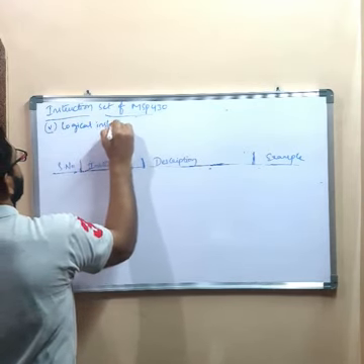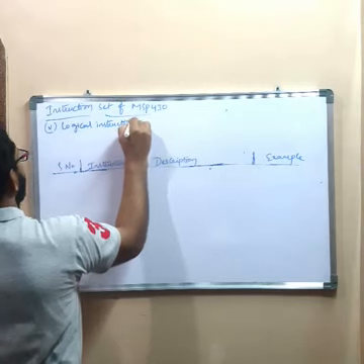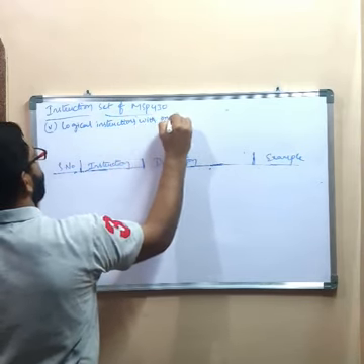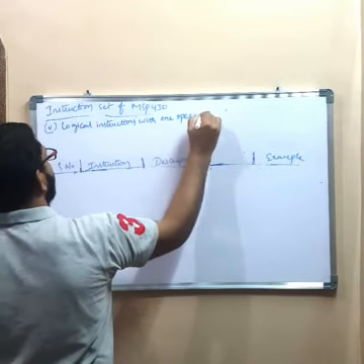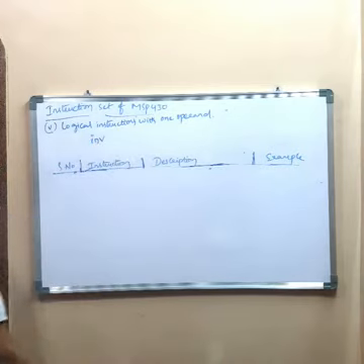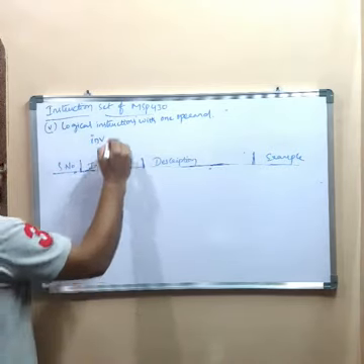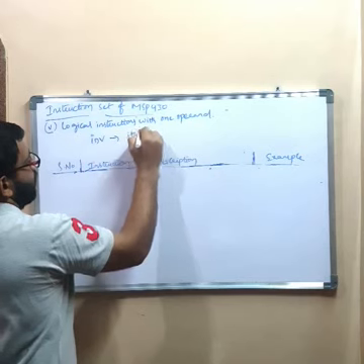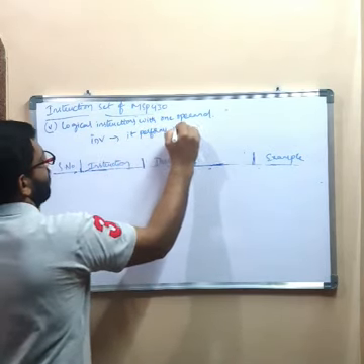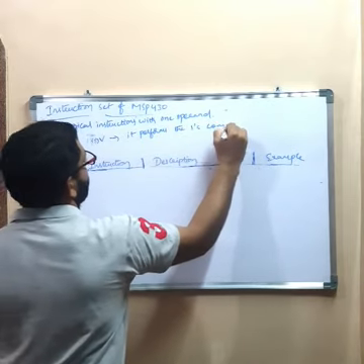Logical instructions with 1 operand. So we have only one instruction, that is invert, INV. It performs the ones complement.